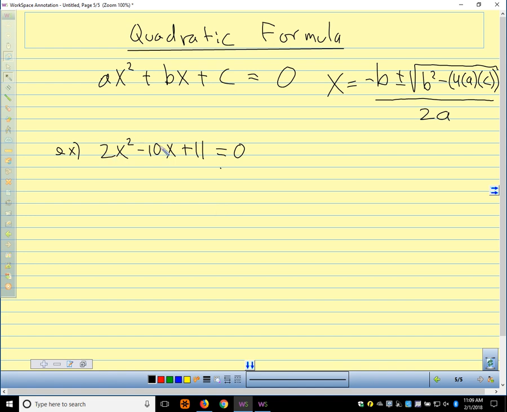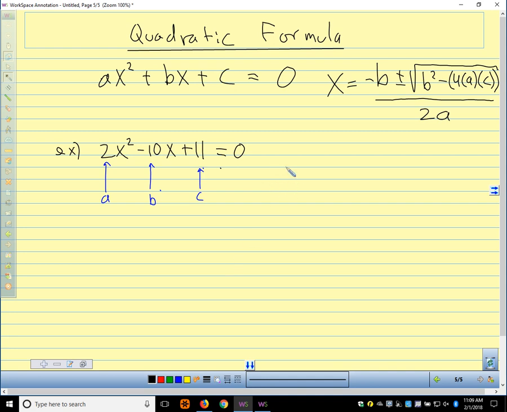So we have an x squared, an x, and a number equals 0. That's our quadratic equation. We can use the quadratic formula. This number is a, just the number. This number is b, just the number. And this number is c. So we'll plug that into our formula.